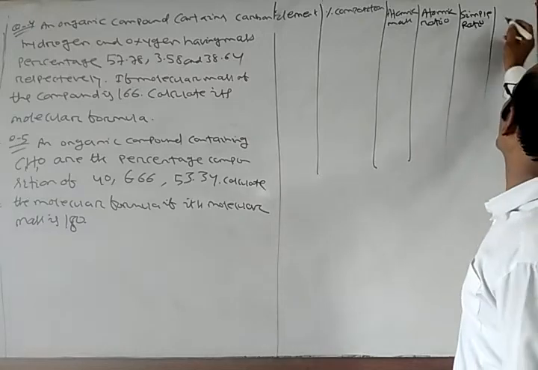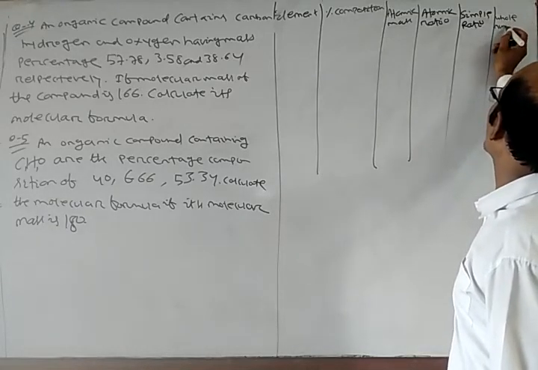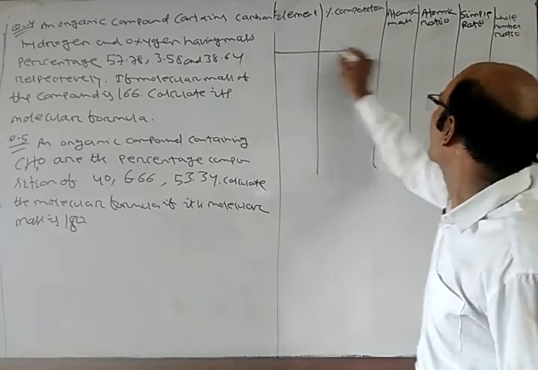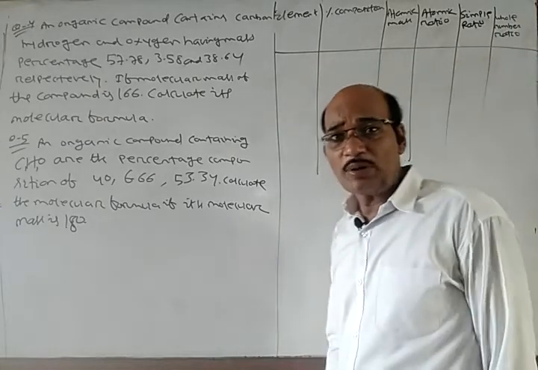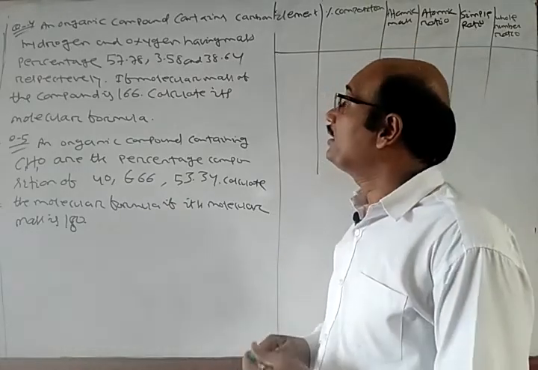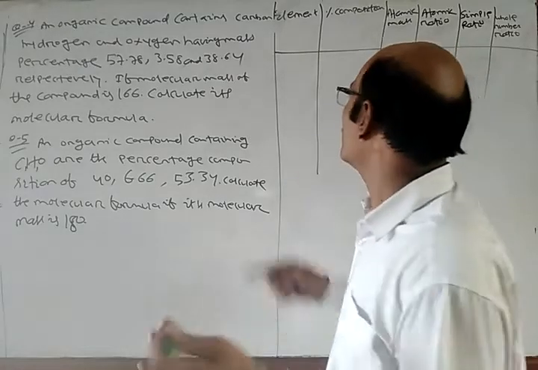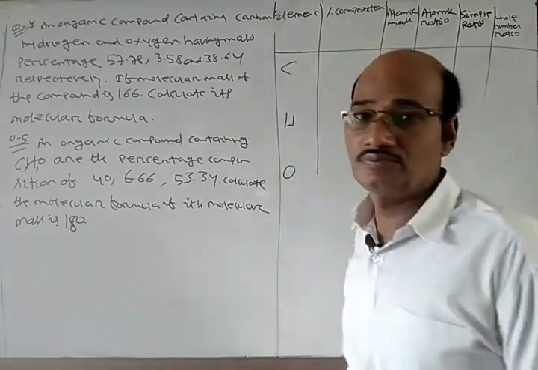Then the whole number ratio. So these 6 things we have to maintain to find out the molecular formula. First of all, you see an organic compound contains carbon, hydrogen, oxygen. So what do I write here? Carbon given, hydrogen given and oxygen given.